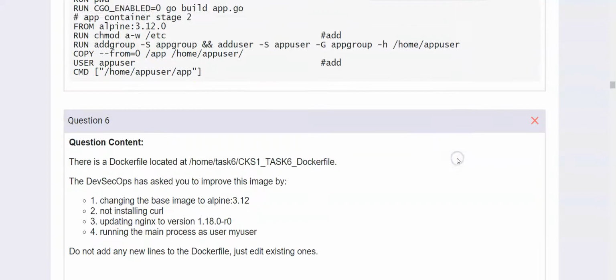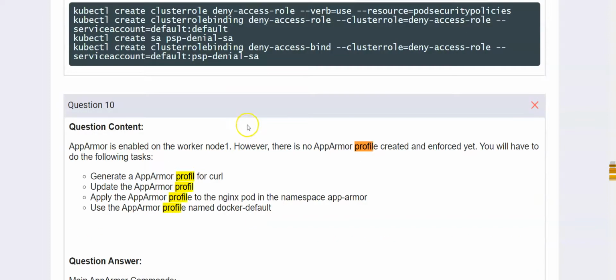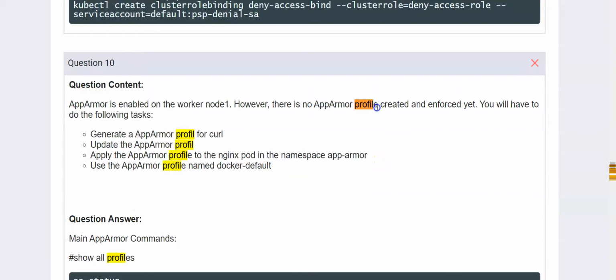Hopefully they will fix it, because as I was going through the questions and checking my answers, like here, for example, it's "profile", it should be "profile", right? So they omit the letter E. It's kind of annoying to see this.